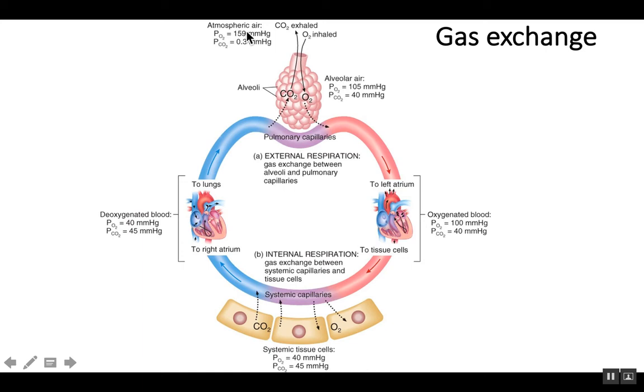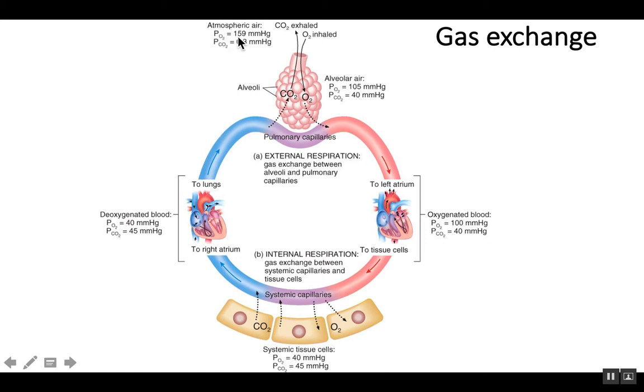These numbers represent partial pressure of the two major gases. Partial pressure, by definition, is the amount of a certain gas in a mixture. It's given in millimeters mercury, which is a measure of pressure. You can think of this as just a simple amount, how much oxygen is in the atmosphere.